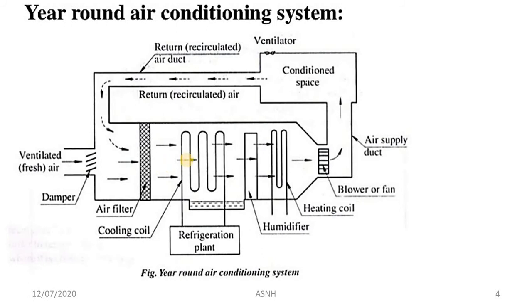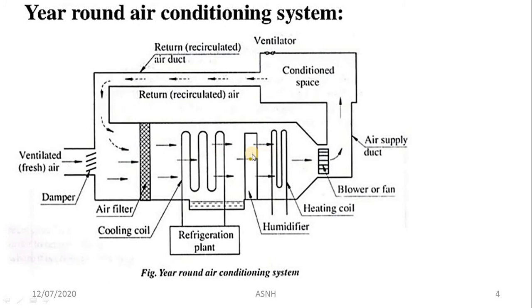Now in case of the winter season, again the air comes from the atmosphere and from the return duct, and whatever mixture is generated here passes through the filter. The main function of the filter is to trap contaminants like dust, dirt particles and other impurities. Instead of passing through the cooling coil as in the summer season, the same air is passed through the heating coil through the humidifier.